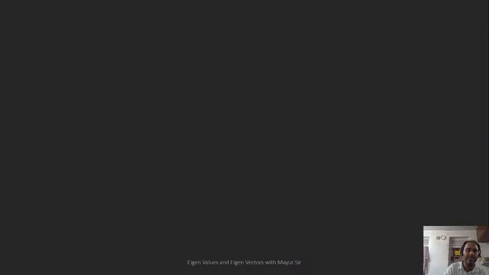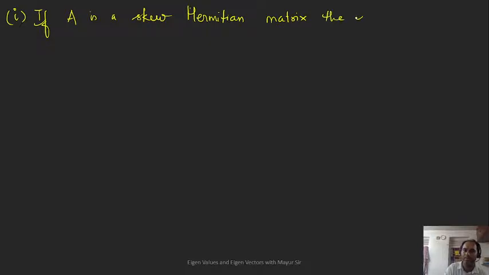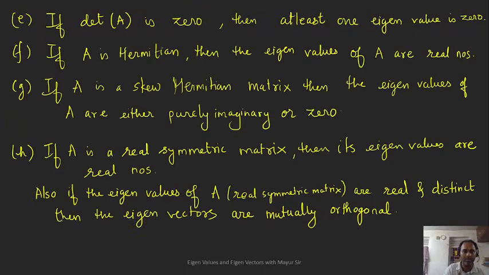Then we go for the next important result, that is, if A is a skew Hermitian matrix, then eigenvalues are either... I think we wrote regarding this skew Hermitian matrix.